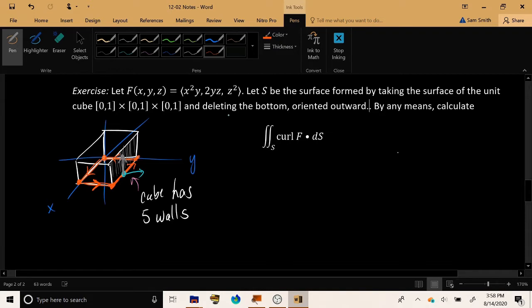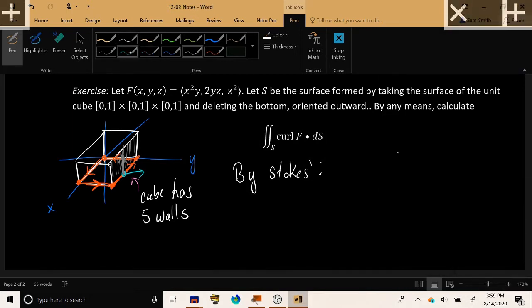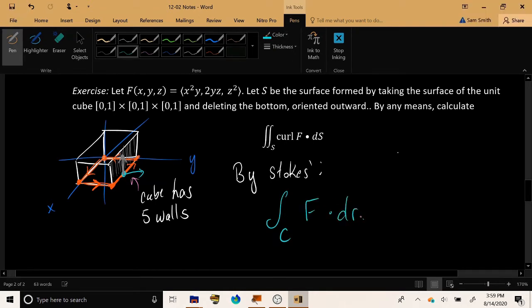So, according to Stokes' theorem, we could calculate this surface integral by transforming it into the line integral over C of F dot dr. And at first glance, it might seem like this will save us a lot of work, for 2 reasons.